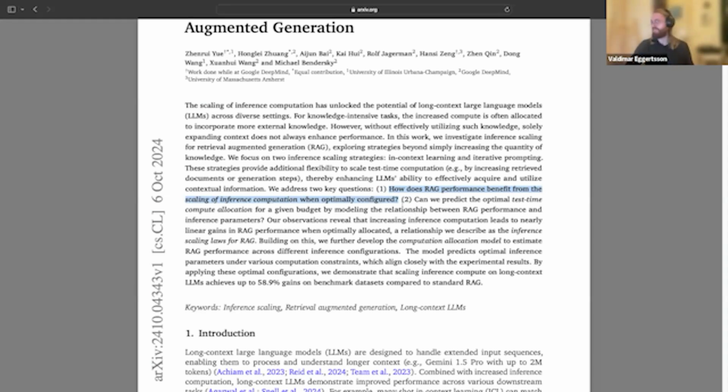Finding the optimal config. And can we predict the optimal test time compute allocation for a given budget by modeling the relationship between RAG performance and inference parameters? So I want to be able to predict this, which Sophia will cover in her part of the talk.